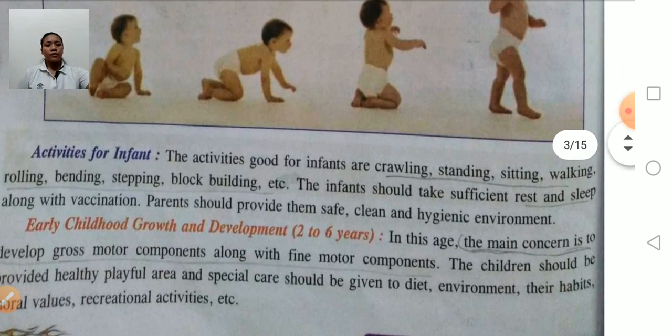Activity for infants. Which type of activity should they do at this stage?